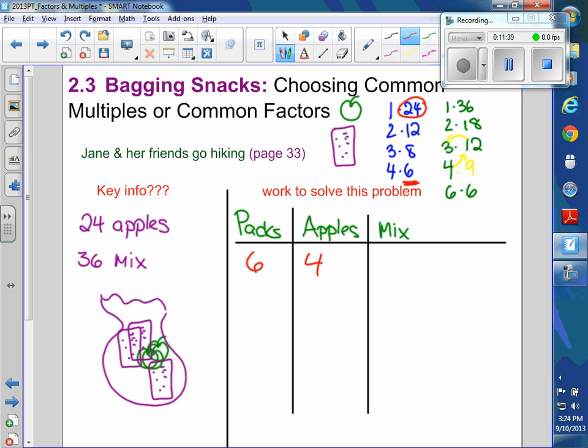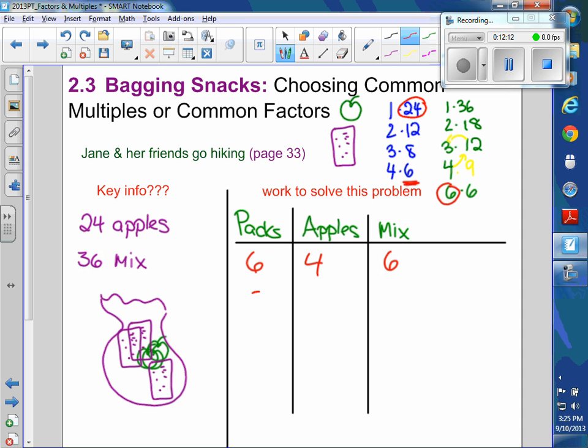And then Antonio, how many bags of mix would I have inside of that? Yeah, inside the big pack. So I'm going to take my 36, 6, right? So the common factor is 6, and I would have 6 little packets of trail mix in each backpack. So I could do that. My question is, could I do groups of 8?